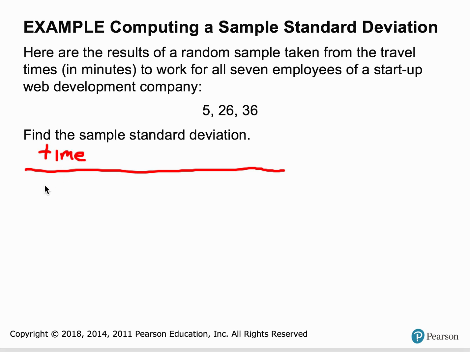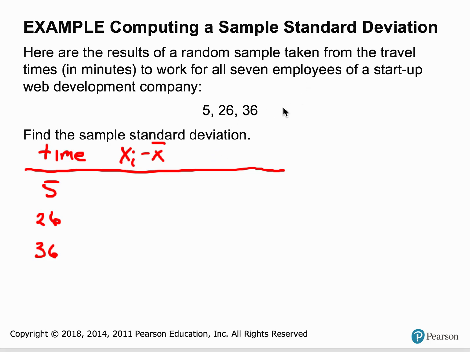So we list all of our data values. And then we're going to subtract the mean. So let's find the mean for this. 26 plus 36 plus 5 divided by 3.